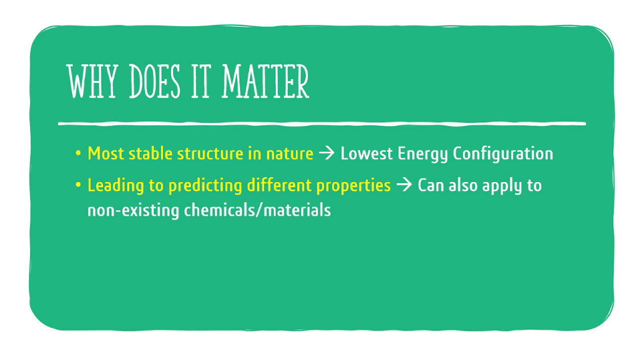This gives the lowest energy configuration that you will use to predict different kinds of properties, leading out of the very first configuration you got as an output from the optimization calculation. This can be non-existing chemicals or existing chemicals, which is one of the most advantageous perks in computational chemistry. It's really cool.